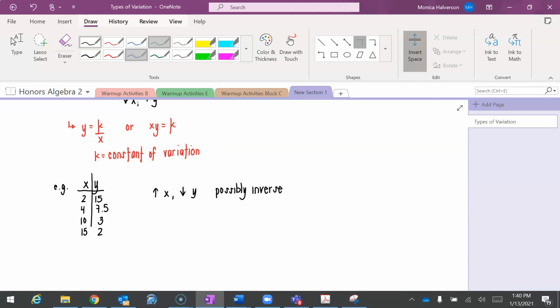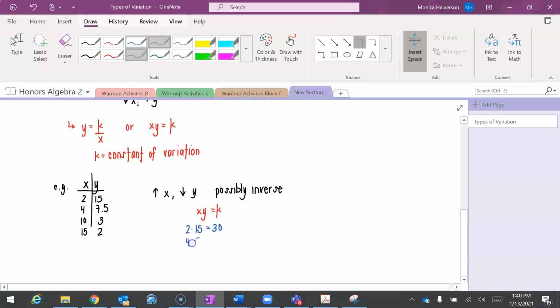So if it's possibly inverse, we're going to use this formula xy equals k. So let's see if all of these data points give us the same k value. So 2 times 15, okay, that equals 30.